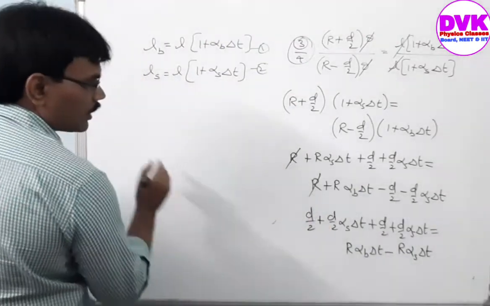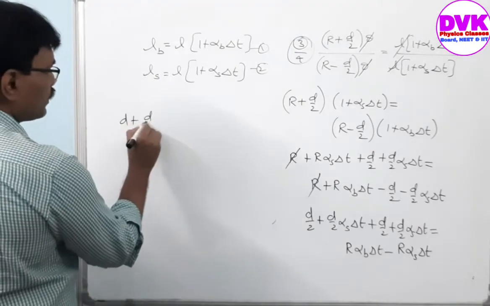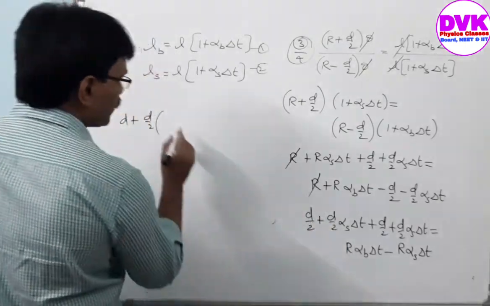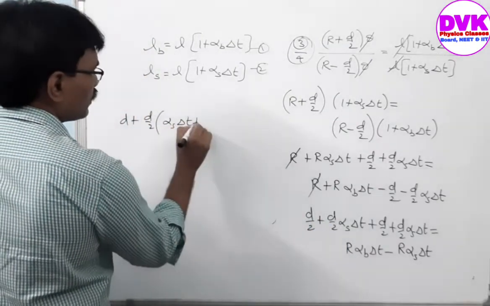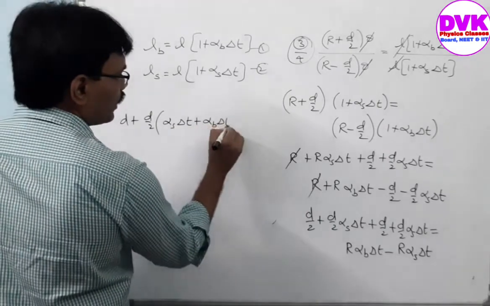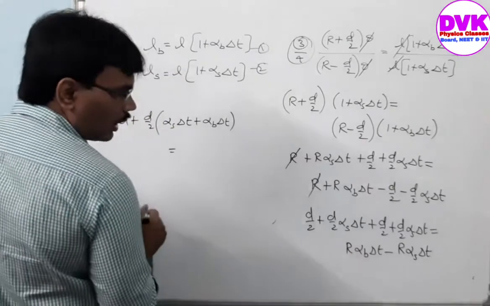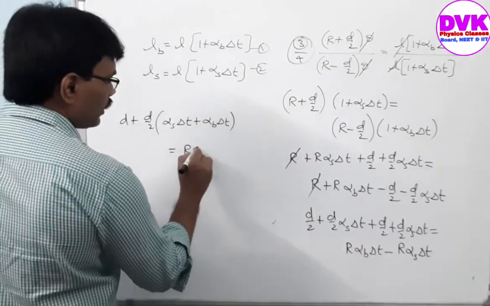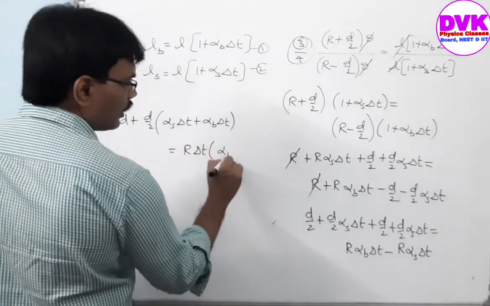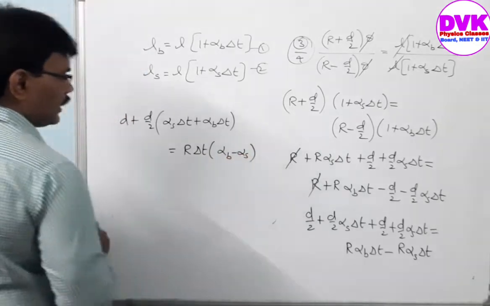So d by 2 plus d by 2 is d, plus d by 2 alpha s into delta T plus alpha b into delta T is equal to, on the RHS, r into delta T we can take common, alpha b minus alpha s.